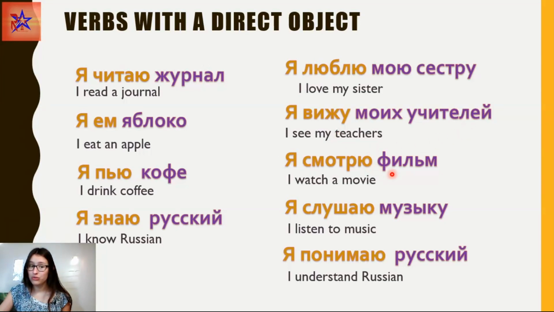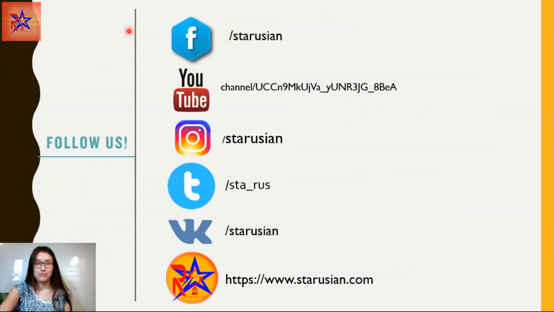Я смотрю фильм. Я слушаю музыку. Я понимаю русский. Learn these verbs. It is important. And learn the endings, so as not to be confused with the accusative case anymore.